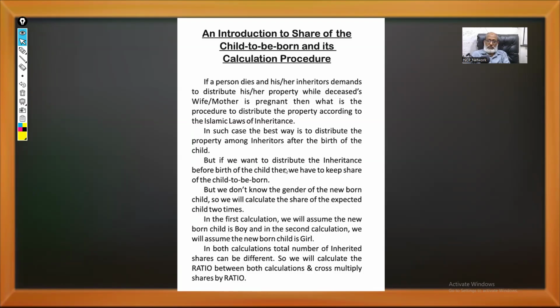In the first calculation, we will take a son, and in the second calculation, we will take a daughter. We will calculate the shares in two ways. As we know, because we have already discussed it in two or three lectures, the share of the daughter and the share of the son, whether there is a single daughter, two daughters, or no daughter and only a son, the number of shares are different.